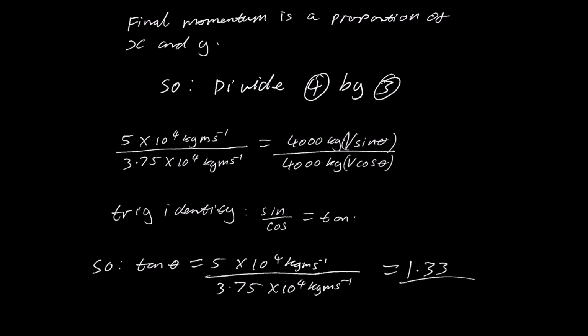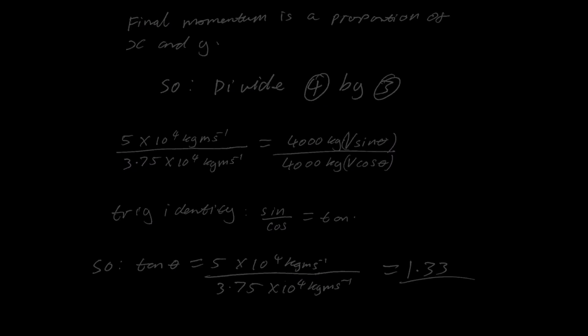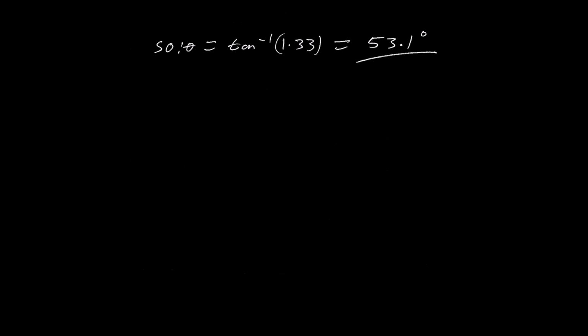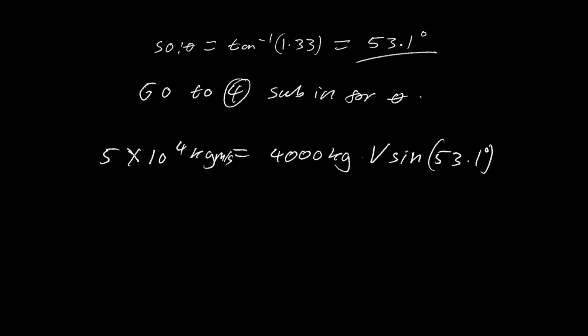So essentially, if you look at a question that says find the magnitude and direction of the momentum, you really have to find the direction first to plug back in to find the magnitude. So inverse tan of 1.33 will give you 53 degrees. And now we can go back to equation 4 and sub in for theta.